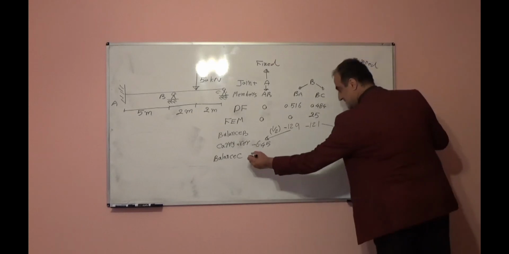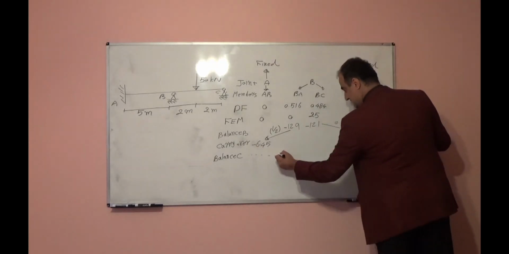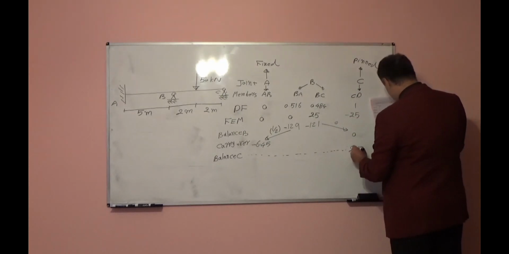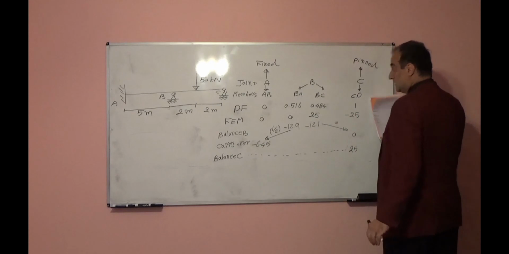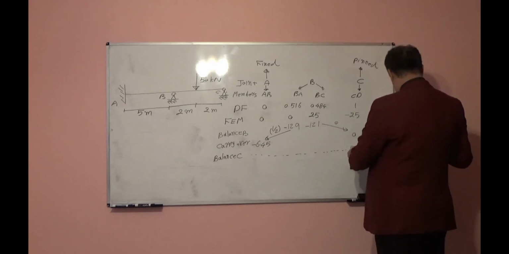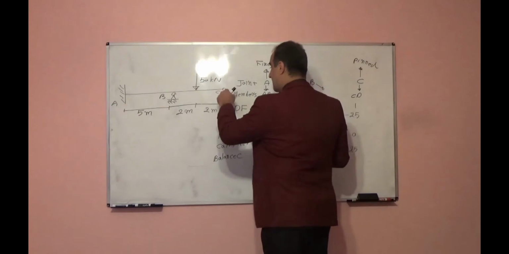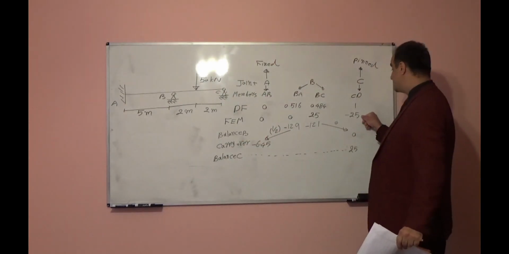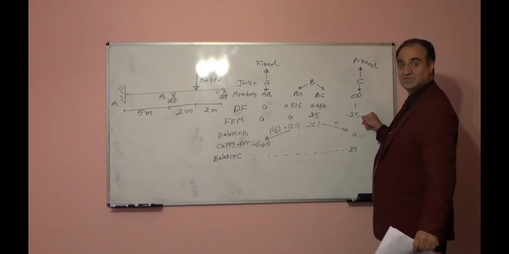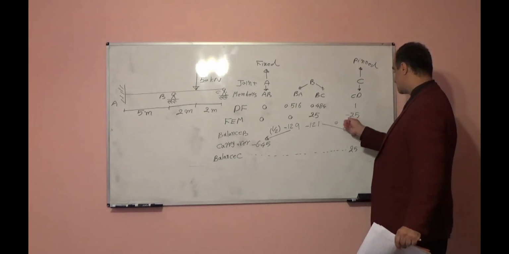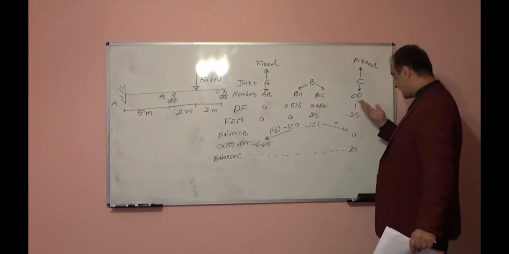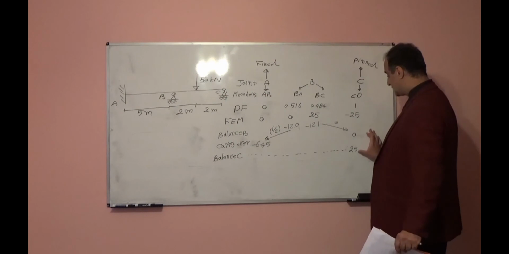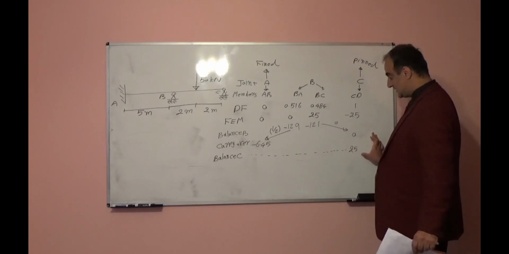So at joint C we have 25. Why 25? Because the fixed end moment it is negative. We will make it reverse direction, magnitude the same, the direction reverse. So negative 25 will be positive 25, and times the distribution factor it is 25.